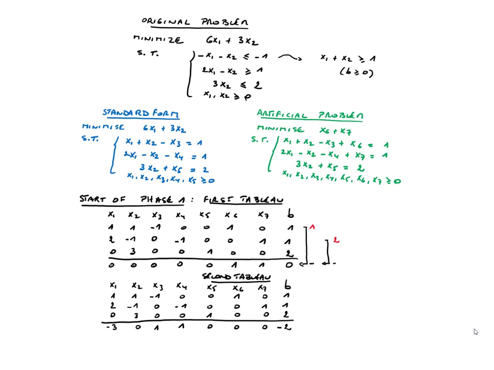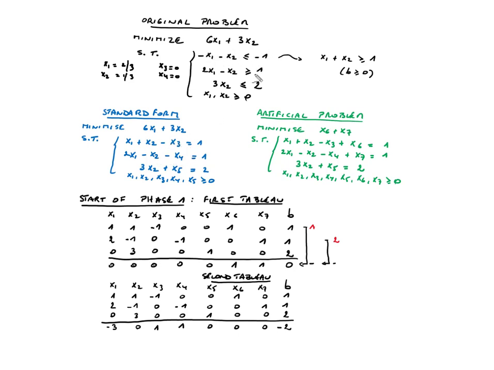If we go back to the original problem, we have found the optimal solution. x1 is equal to 2/3 and x2 is equal to 1/3. If you plug this in the cost, you'll have 4 and 1, and that's 5, so that's correct. And you can see that if you plug this optimal solution in the two inequalities, you will see that they are met with equality, and you could see this from the fact that x3 is equal to 0 and x4 is equal to 0 over here, right?